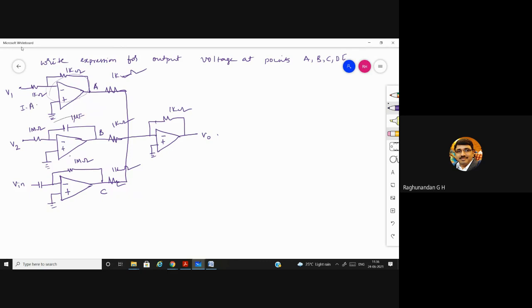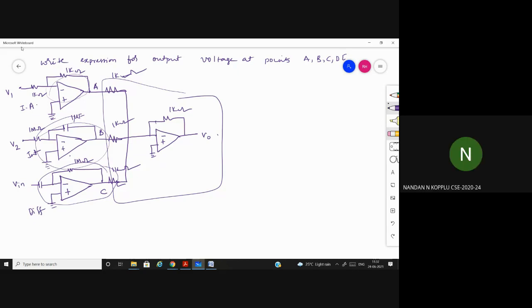Next, coming to this: integrator. Coming to this: differentiator. Now coming to this one, what kind of op amp is it? Inverting adder. We have to find one angle.